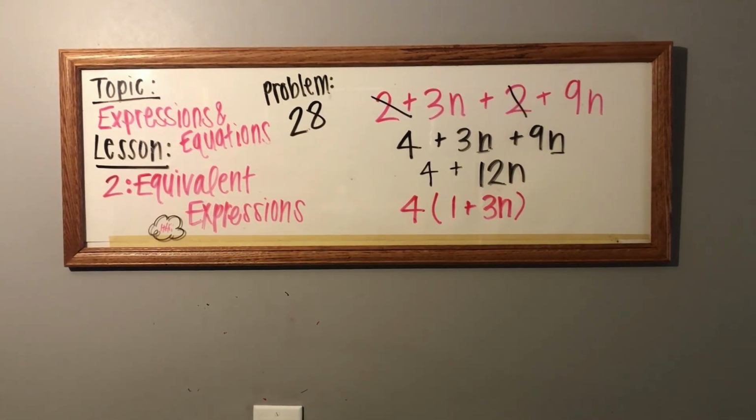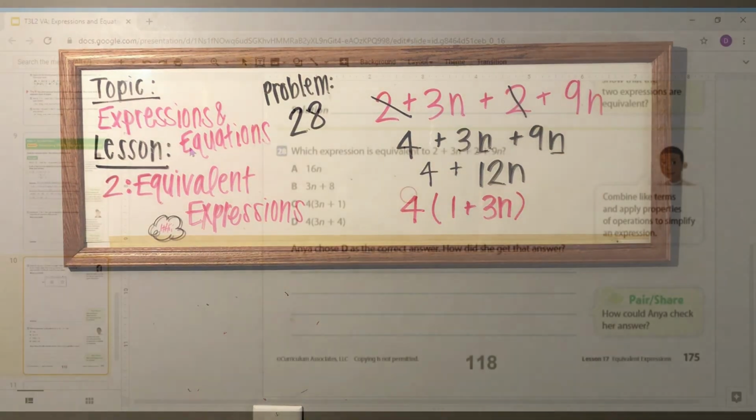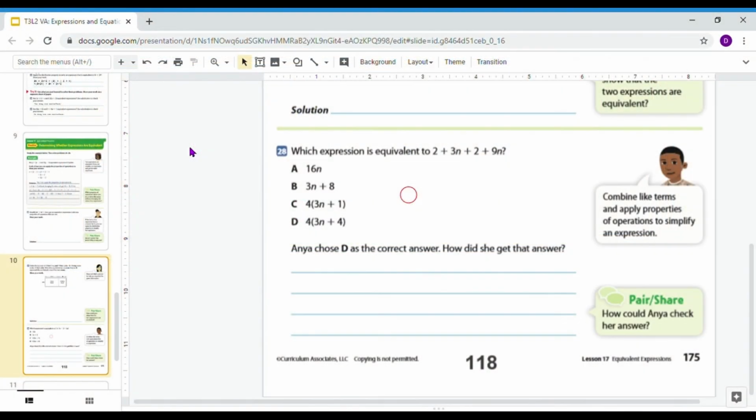So when I pulled out that 4, I still have to think about that variable, and 4 times 3n is going to give me that 12n. So I can see that my correct answer, although mine has 1 plus 3n in my parentheses, remember, whenever we're doing addition, the commutative property tells me that it doesn't matter what order they come in my parentheses. So my correct answer is C.